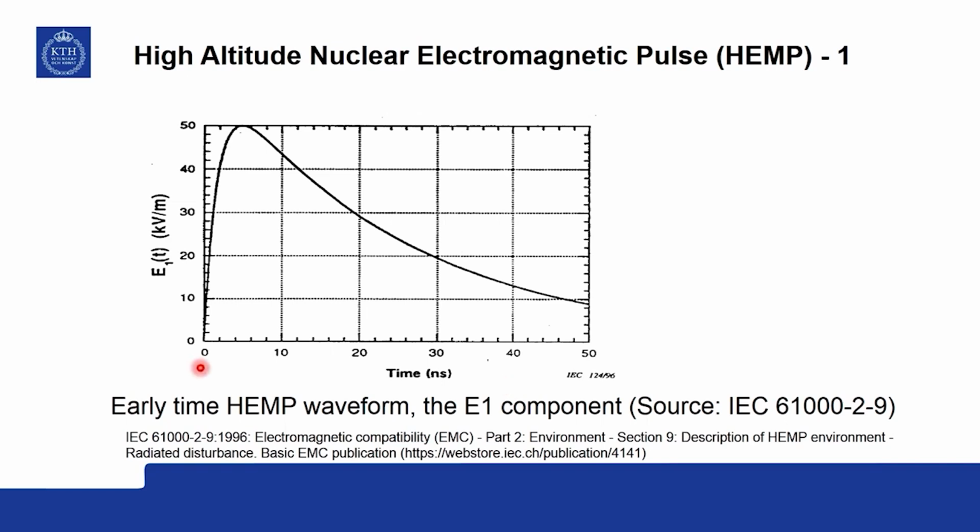For example, the E1 component of the HEMP waveform has a time scale in nanoseconds, and here it is in kilovolts per meter. If it is defined that a system should withstand HEMP, then this is the type of waveform that is considered in civilian systems.